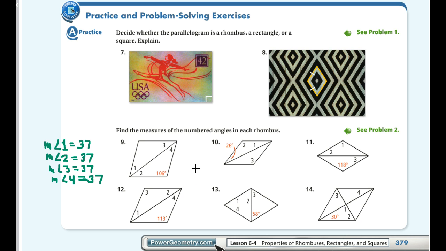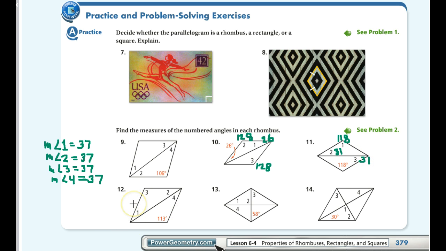Okay, for number 9, all four of those angles are equal to 37 degrees. Number 10, the measure of angle 1 is 26, the measure of angle 2 is 128, and the measure of angle 3 is 128. Number 11, the measure of angle 1 is 118, and the measures of angles 2 and 3 are both 31 degrees.